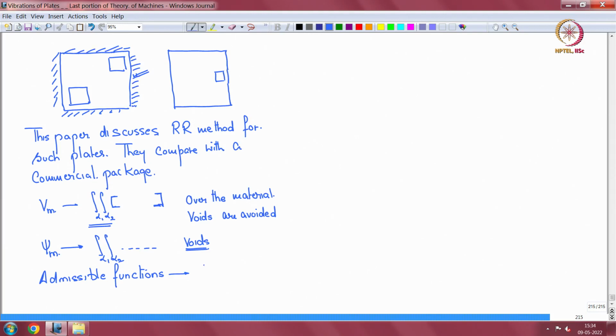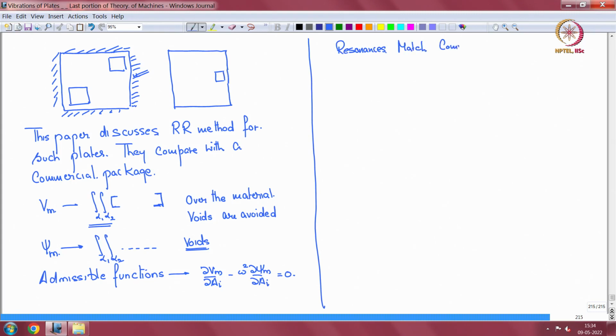Then you form your del Vm by del Ai minus omega square del psi m by del Ai, these set of equations. Then you will find that the resonances more or less match with the commercial package code.